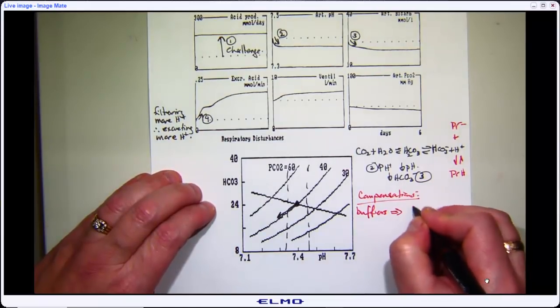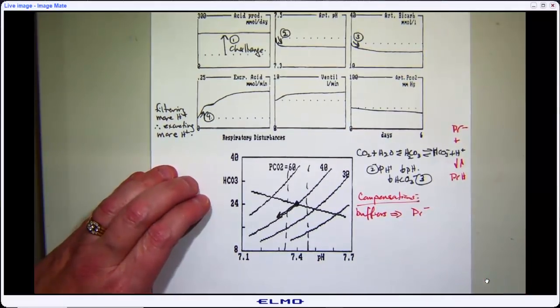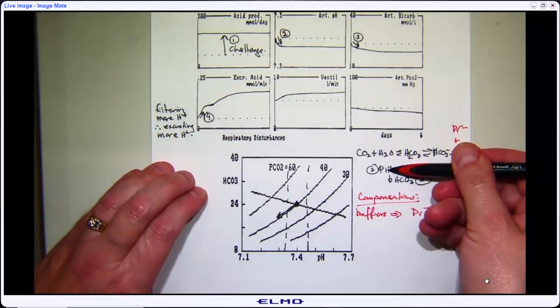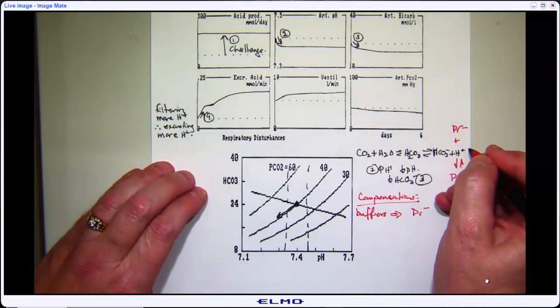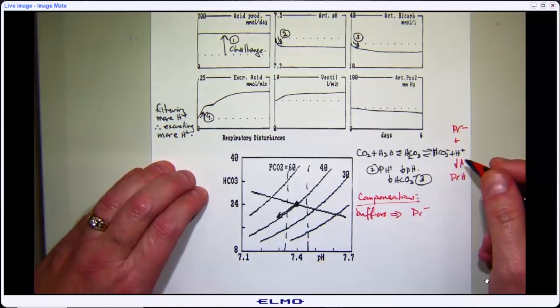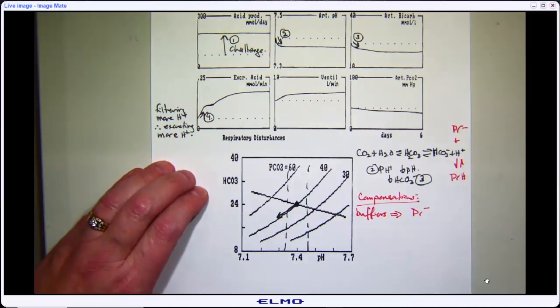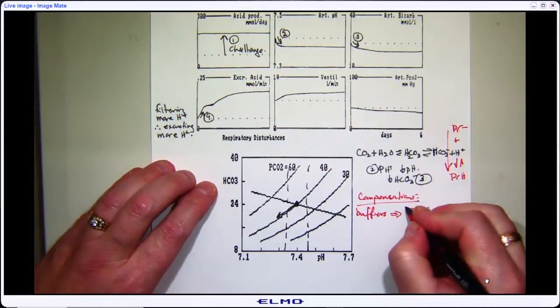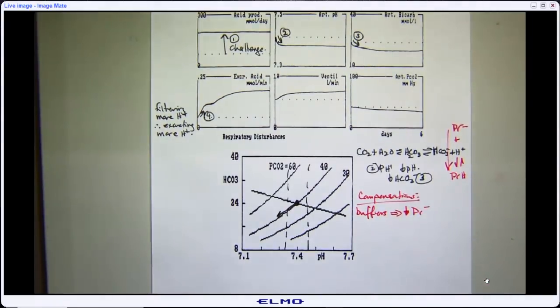What's happening here with our protein buffer pool? Increase in hydrogen ion. So decrease. So we push the equation in that direction, right? So we should see a decrease in our buffer pool there.